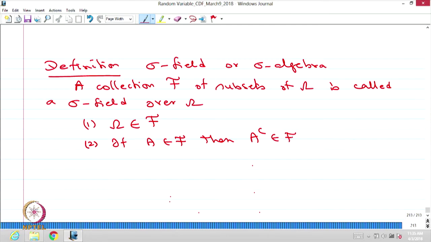A collection F of subsets of omega is called a sigma field over omega whenever it satisfies these three conditions.